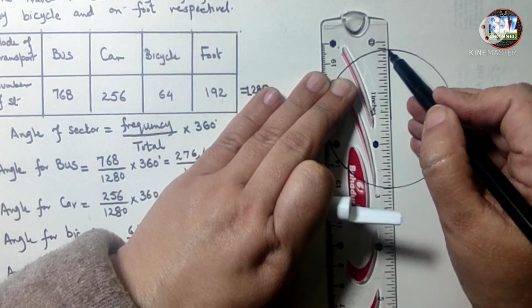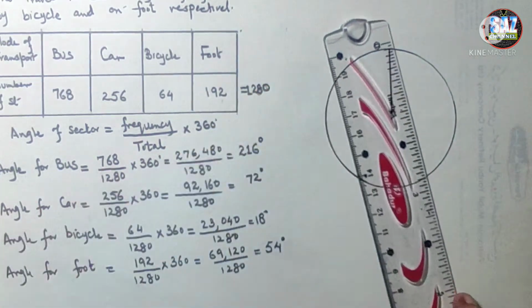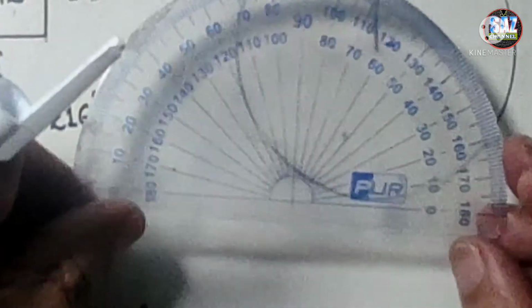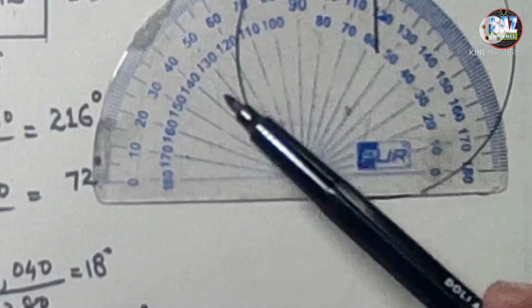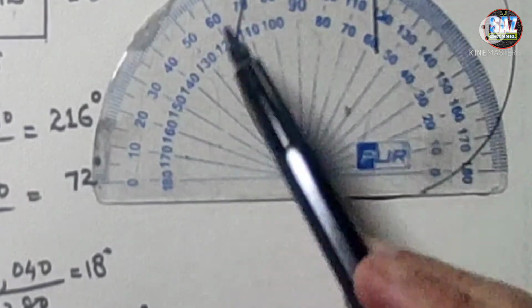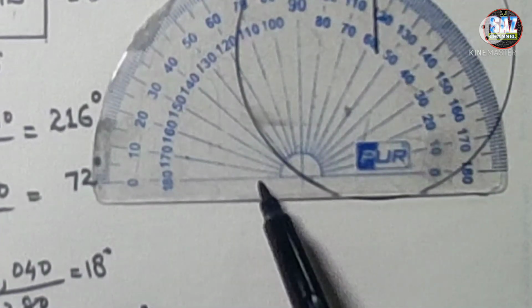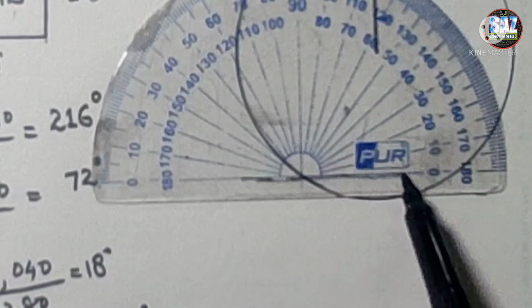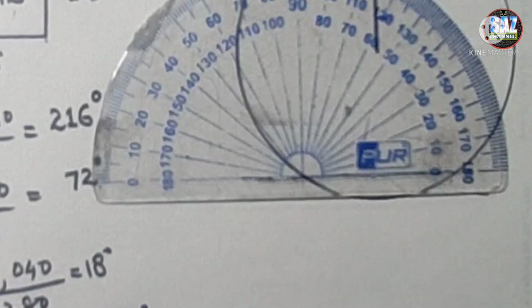This is the radius that I'm fixing; this is the starting point. Now look, students, this is called a protractor, and there are two scales, an inner scale and an outer scale. Let me highlight this line: this is called the zero line of the protractor.